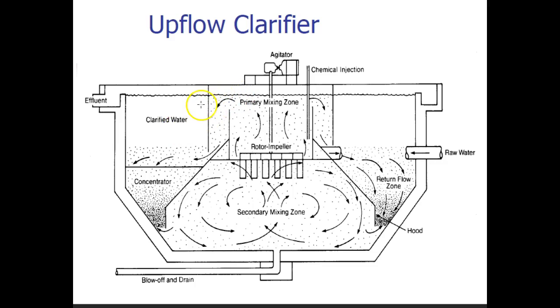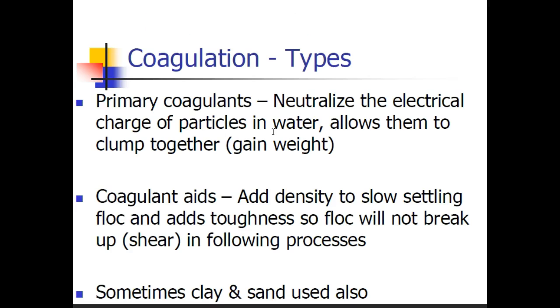So it's cleaner. Things have settled to the bottom, and then we have our effluent where it goes out. We have an influent and an effluent. Effluent is where it goes out, influent is where it comes in. And also you can see your raw water coming in over here. We have our agitator up here, which is again stirring it in a primary mixing zone.